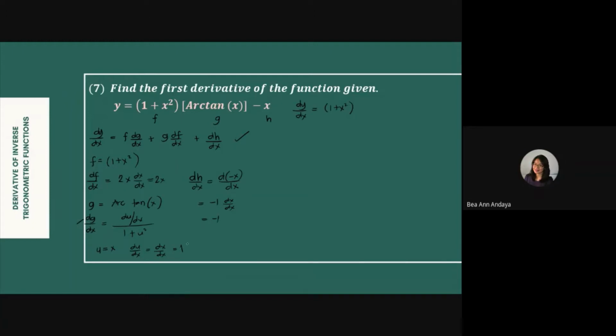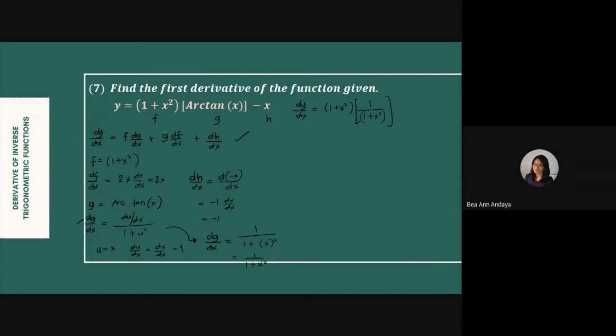It's not yet simplified, so ilagay pala natin dito that the dg all over dx is equal to du all over dx, which is 1, divided by 1 plus u, which is x, squared, or that is basically 1 plus x squared. So, ito na yung ilalagay natin dito sa katabi ng 1 plus x squared. That is 1 all over 1 plus x squared.